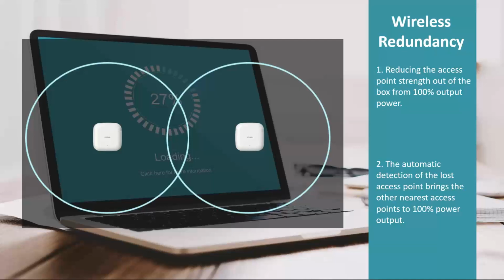So making use of that wireless redundancy is a really good tool, because it means that you're not overlapping the broadcast, which means there's more bandwidth available, fewer overlapping channels, less resistance to getting a connection, and then when it fails over, you've still got connectivity.